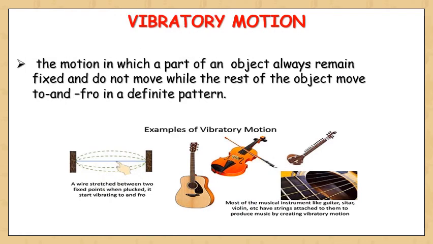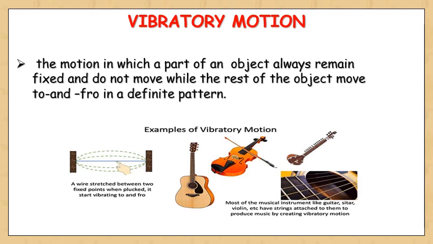Now next we will study vibratory motion. Students, what is vibratory motion? Vibratory motion is the motion in which a part of an object always remains fixed and does not move, while the rest of the object moves to and fro. Vibratory motion is a kind of oscillatory motion, because in both the movement is to and fro.